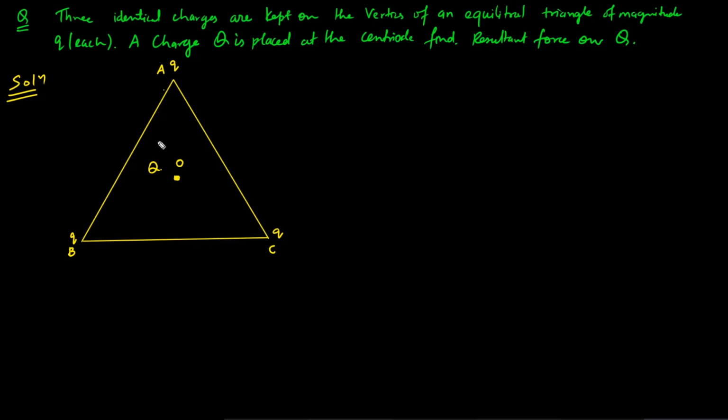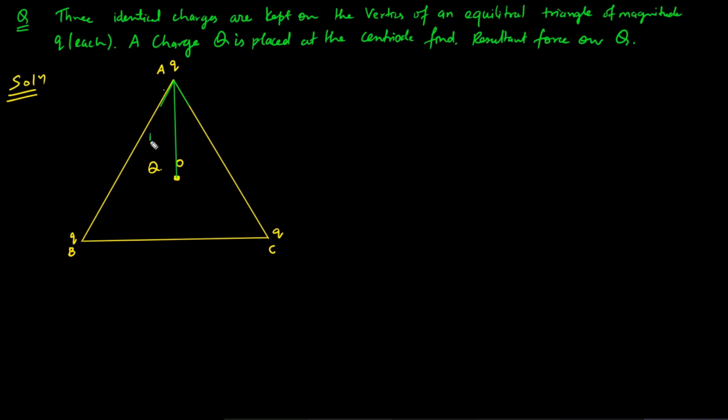But for simplicity, we are considering small q and capital Q oppositely charged. Now tell me, what is the direction of force on capital Q because of the charge present on A? Towards A. Absolutely fine.